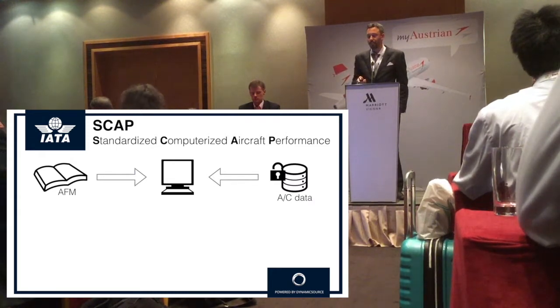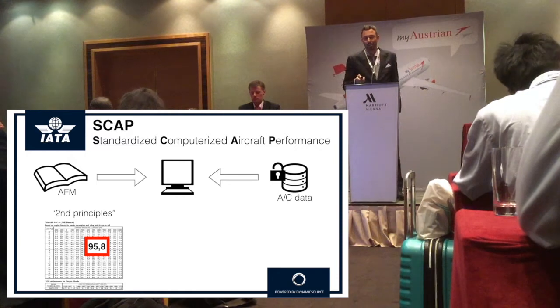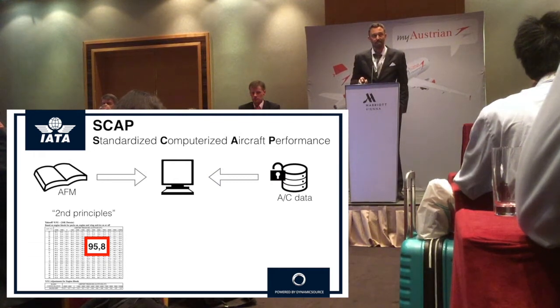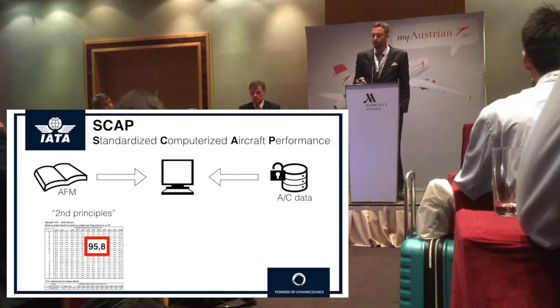Either it operates under second principles, which is basically table reading. So the computer just reads a table just like you do in the AFM. It's very fast, but the bad thing is that it's not optimized. You have to have a few boundaries to allow someone to read something from a table.